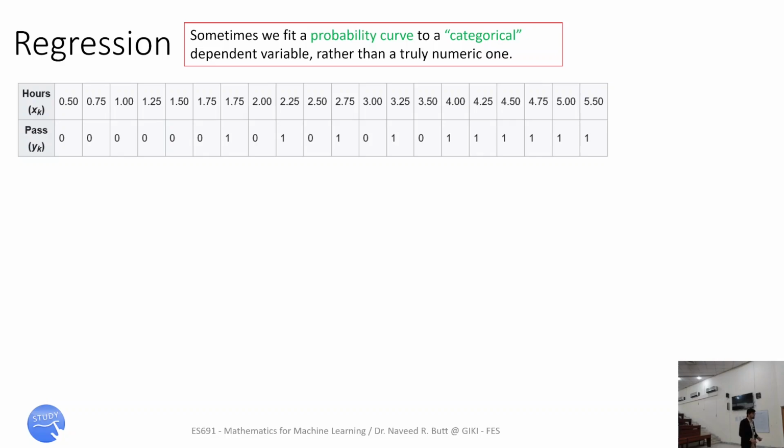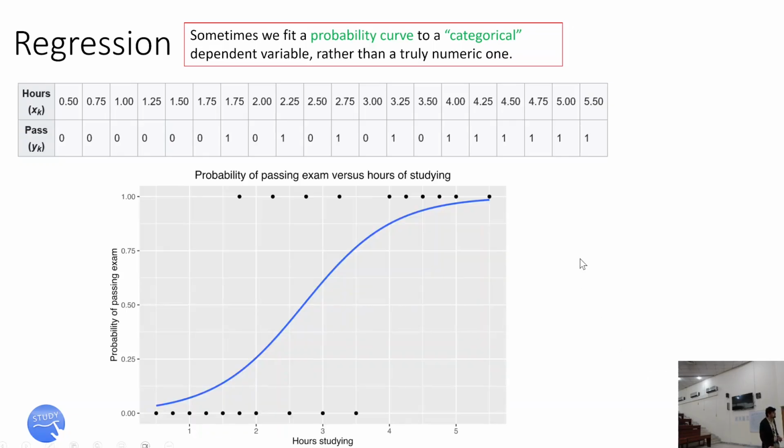So now I want to find a curve, a probability that जो 3.5 घंटे पढ़ता है उसकी क्या probability है पास होने की, या जो 5 घंटे पढ़ता है उसकी क्या probability है पास होने की. So sometimes the curve we try to fit is a probabilistic curve. इसको क्या कहते हैं, regression का कौन सा नाम है इसका, मशहूर है आजकल, logistic regression.